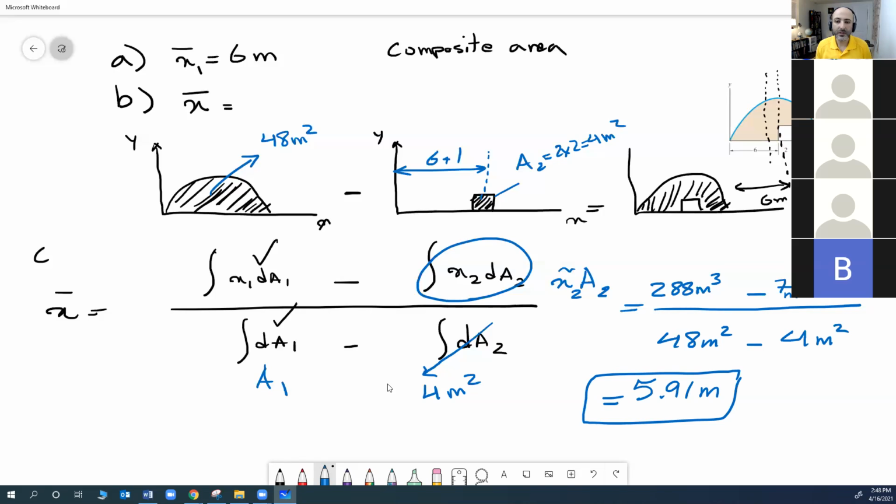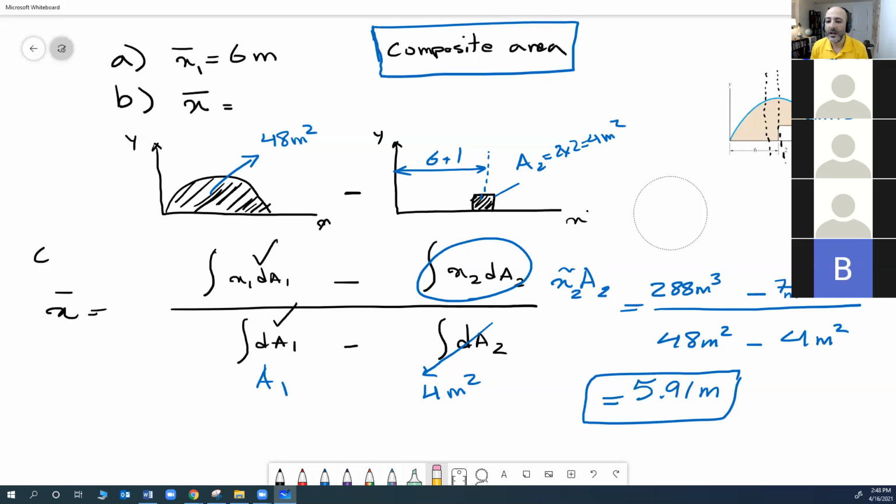So this is, again, what is called a composite area. You just add them together or deduct them together. If I want to add another shape here to this area, add, I don't know, a rectangle here, all you have to do is add that into your equation, okay? Just hypothetically.